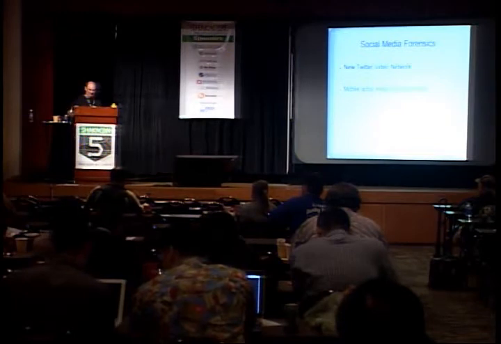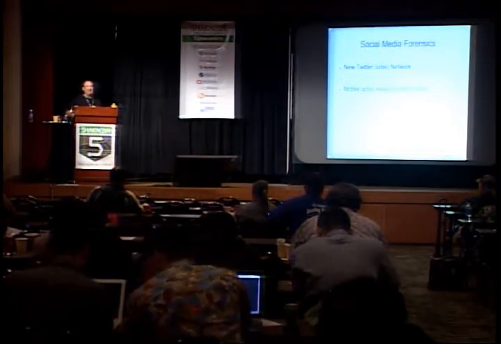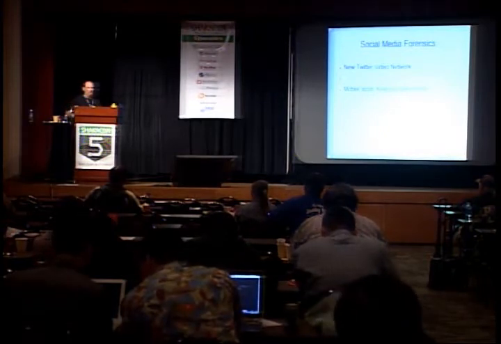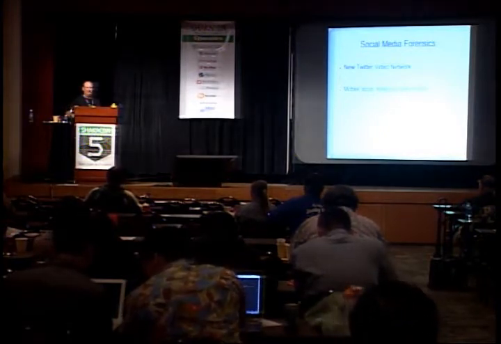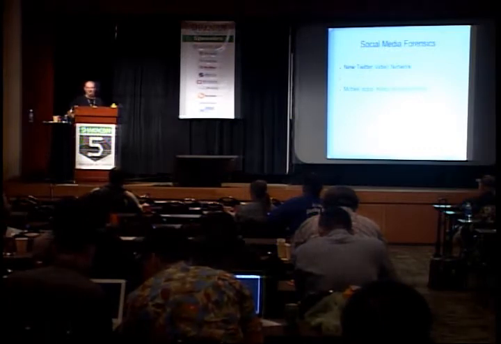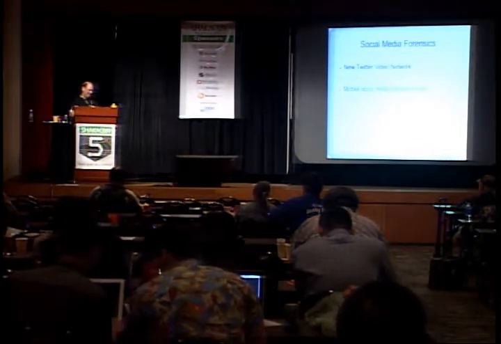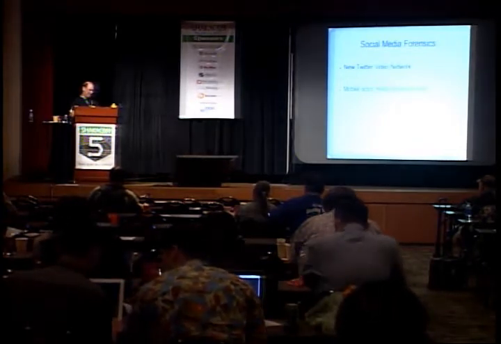And as some of the earlier presenters presented, some of those apps may have access to things like your friends list, your GPS locations, your contact list, your Twitter username, your Facebook username. So definitely we want to keep an eye on any of the mobile apps.